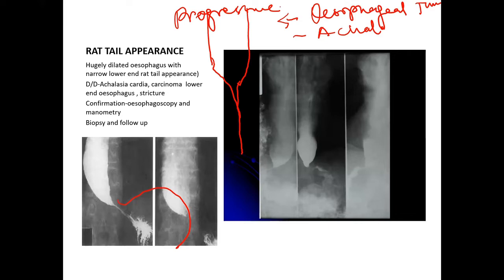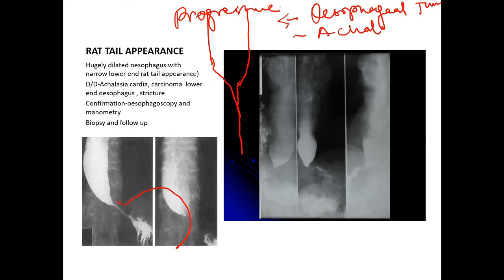Now, for achalasia, you know the dysphagia is recurrent, longer duration, dysphagia to liquid followed by solid. While in carcinoma it is dysphagia to solid, then liquid.